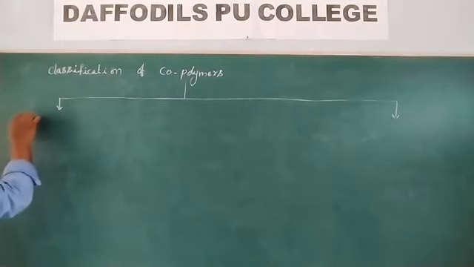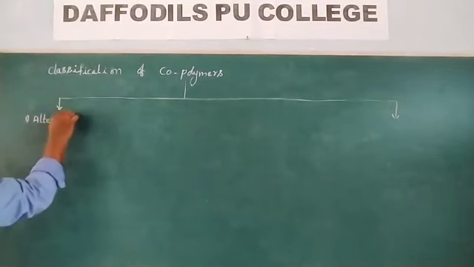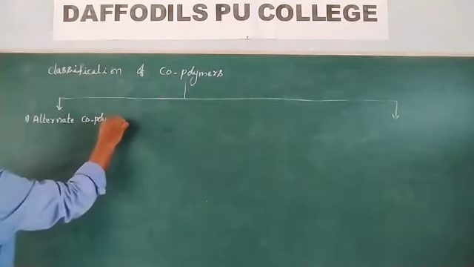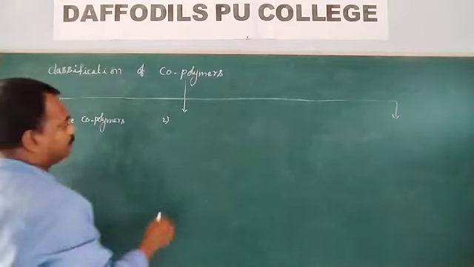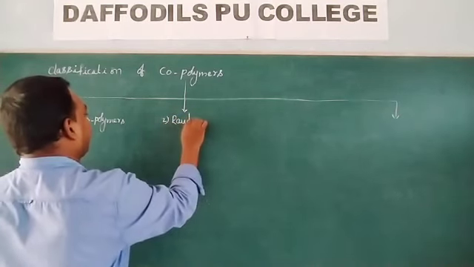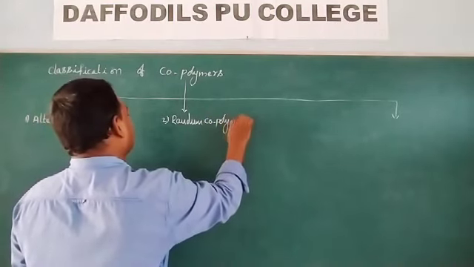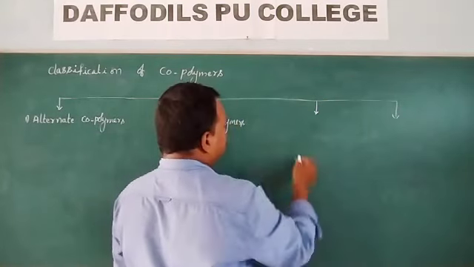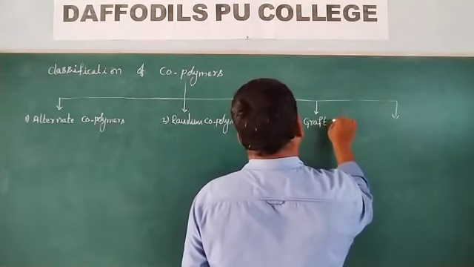Number one is alternate copolymers. Number two, random copolymers. Number three, graft copolymer.